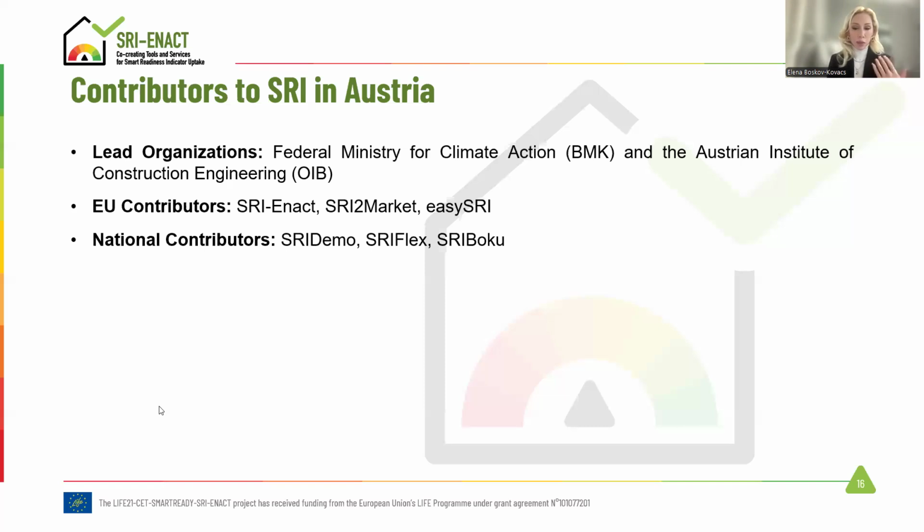That are running in parallel with two national projects, SRI Demo and SRI Flex, in order to really merge or bring together the methodology and the intention behind this EU initiative together with the national basis.